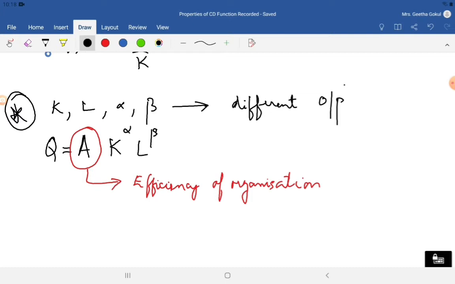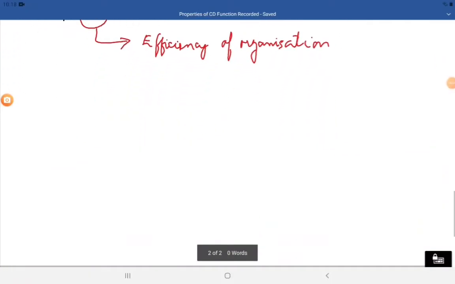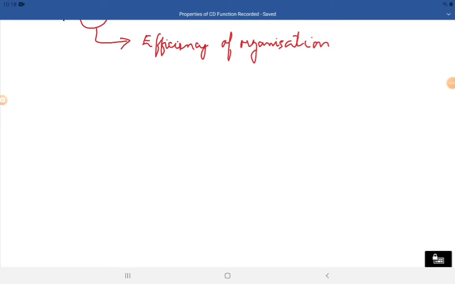The factor intensity, that is, whether it is relatively more labor intensive or relatively more capital intensive technology, can also be easily found from the Cobb-Douglas function, since the factor intensity is nothing but the ratio of the exponents of K and L. So higher the K by L ratio, the more capital intensive the technique, and lower the K by L ratio, the more relatively labor intensive the technique of production.